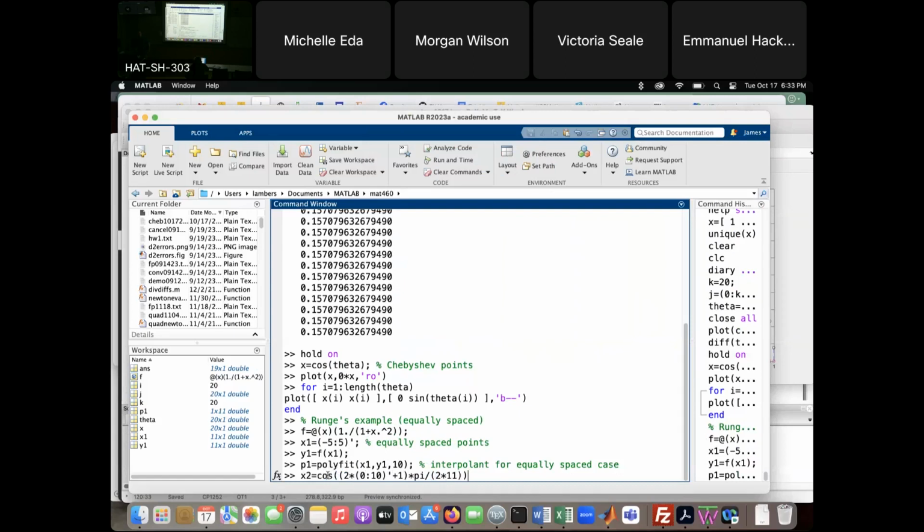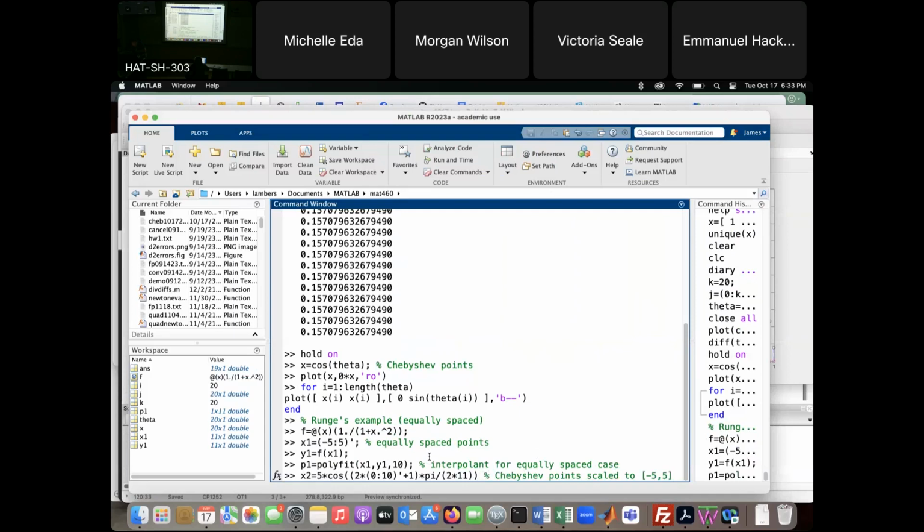I need points that distribute the same way as Chebyshev points, but on the interval -5 to 5. No problem, I just multiply by 5. I still only care about what's happening between -5 and 5. So these are scaled Chebyshev points.